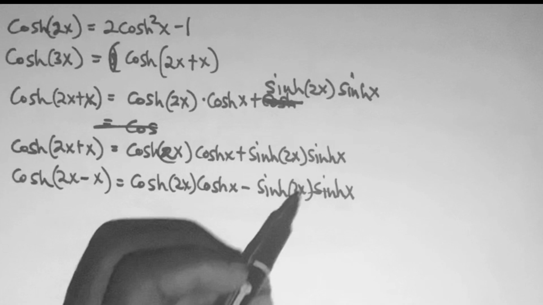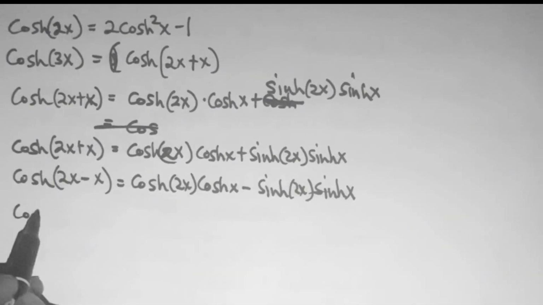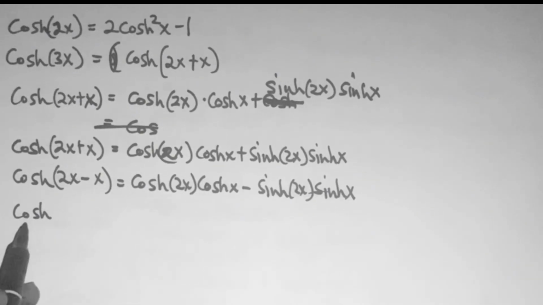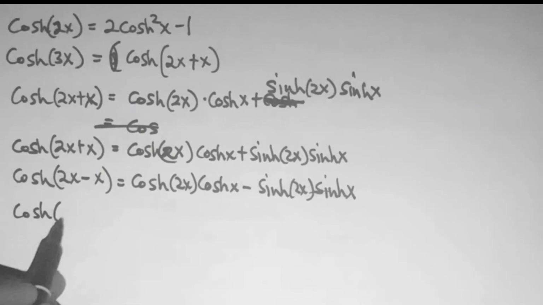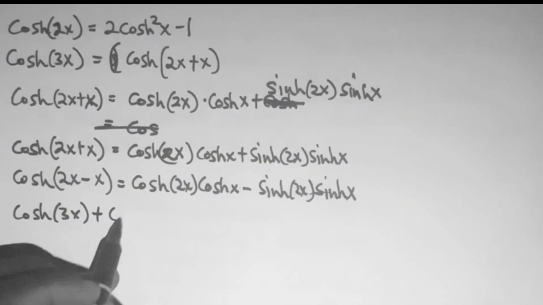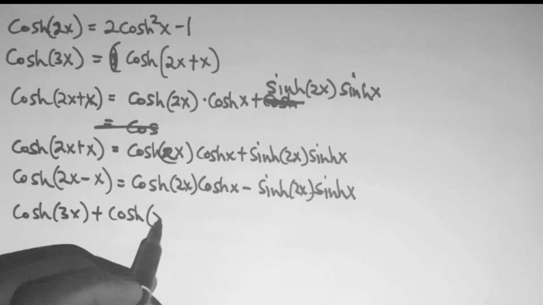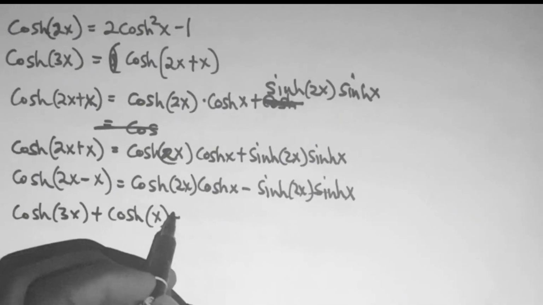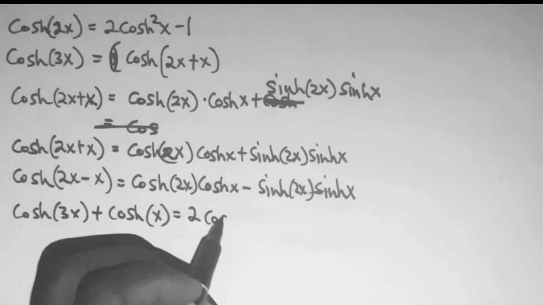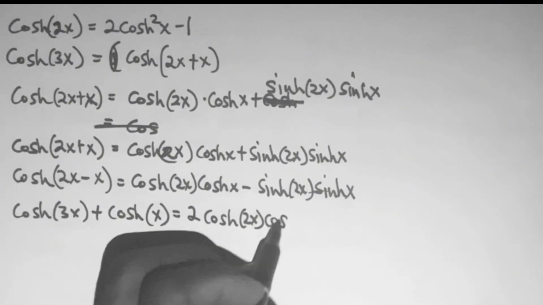So now let's add the two equations. Let's add this and this. So cos(2x plus x) is the same as cos 3x, then plus cos(2x minus x), which is the same as cos x. So cos 3x plus cos x is equal to 2 cos 2x cos x.